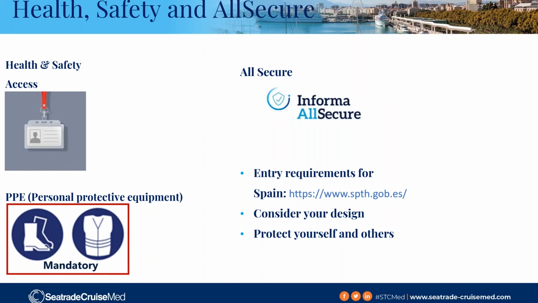In this case, in Spain, if you're not part of the EU or the Schengen region, you have to have either an EU digital COVID certificate, or you can fill in what the Spanish call the health control form, which can be found on this website, which is the official Spanish government website.